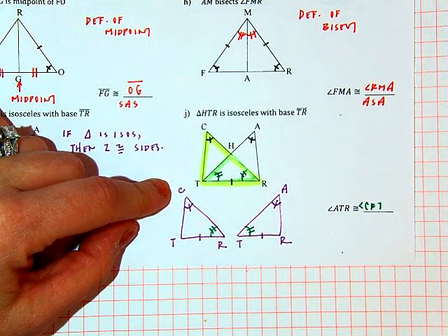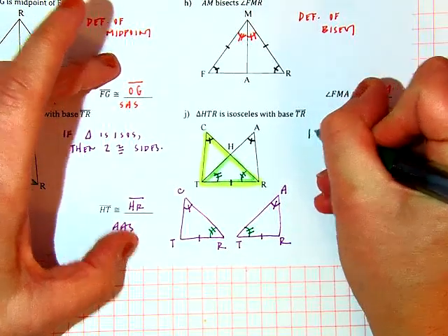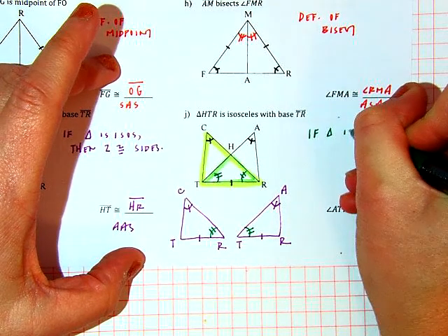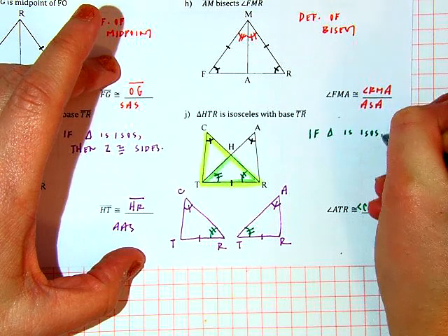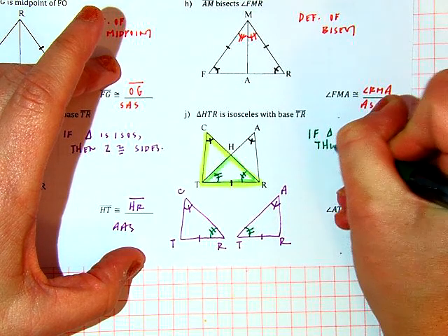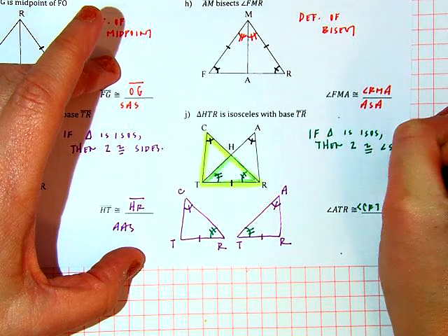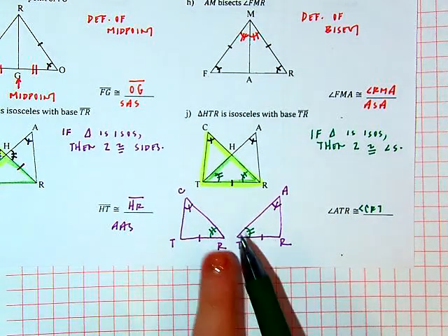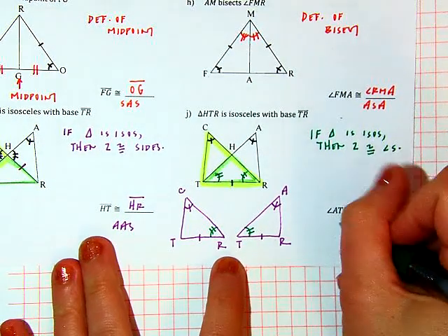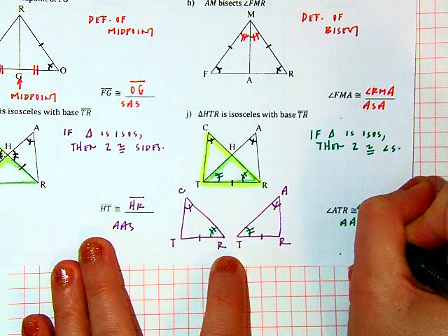My reason would be, if my triangle is isosceles, then I have two congruent angles. Now that I have everything marked, my triangles are congruent because of angle, angle, side.